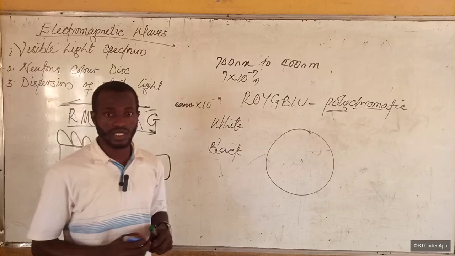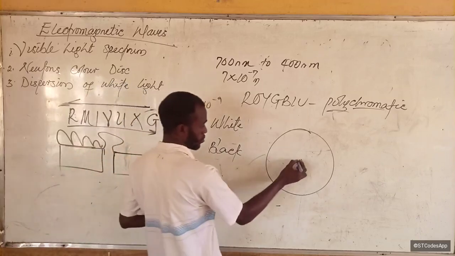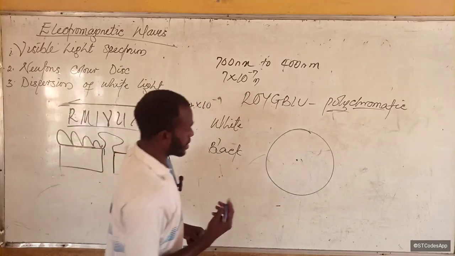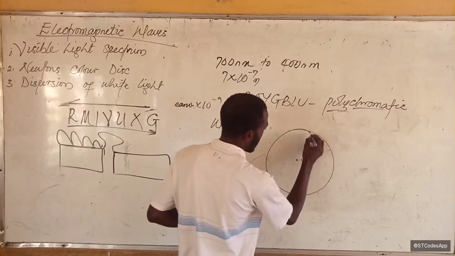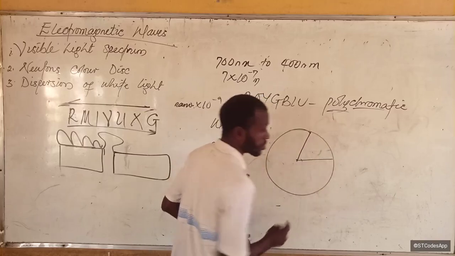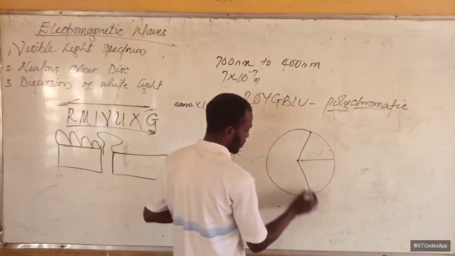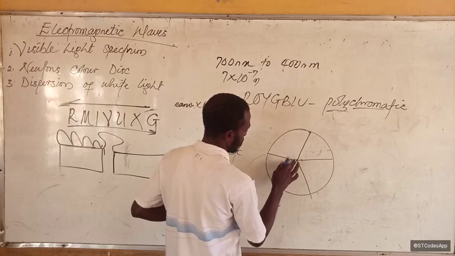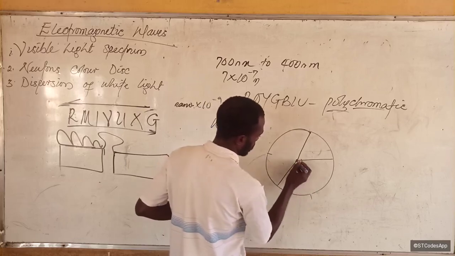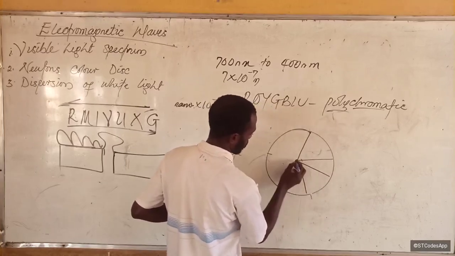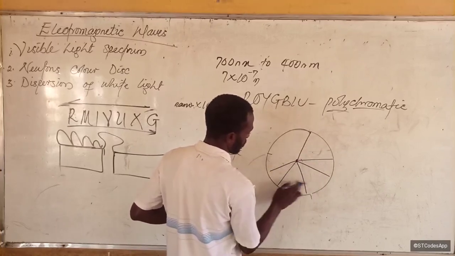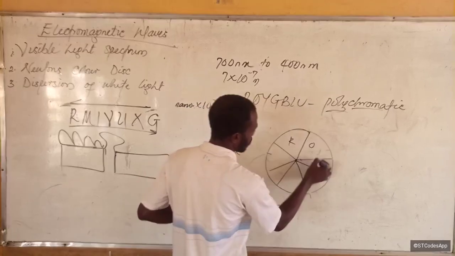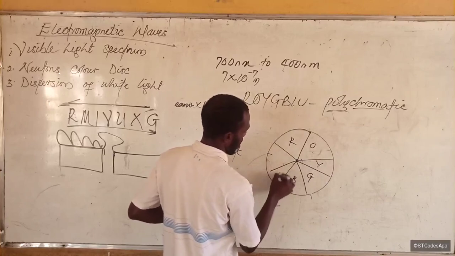The Newton color disk is basically a circular disk to which he made a pivot in the middle, and split the surface area of this thing into the 7 colors that we have. 1, 2, 3, 4, 5, 6, 7. All right, so we have R, O, Y, G, B, I, V.